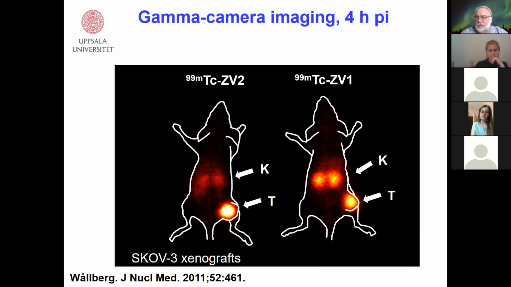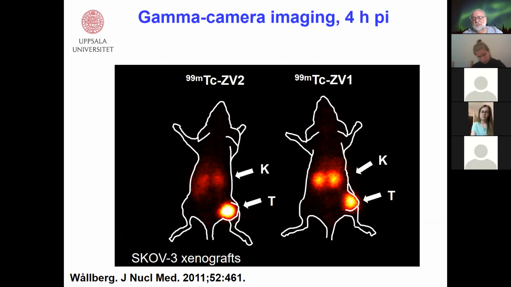Actually, later on, we used the same chelator for labeling with rhenium-188, and we have found that in this case we should have dose to tumor at least threefold higher than the dose to liver. So it's possible to kill tumor without destroying kidney.